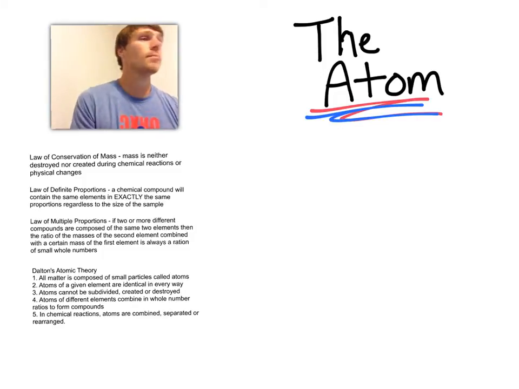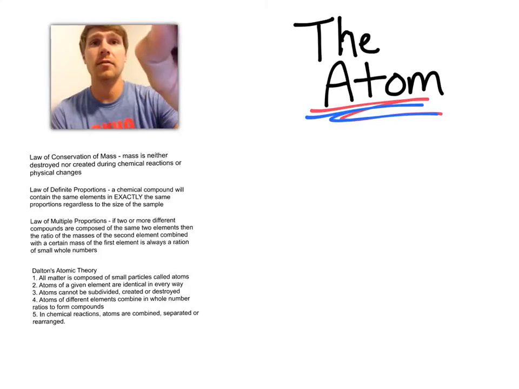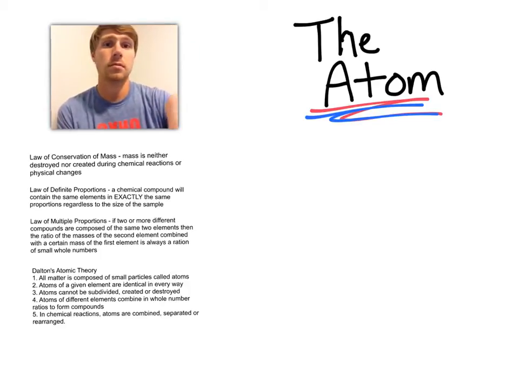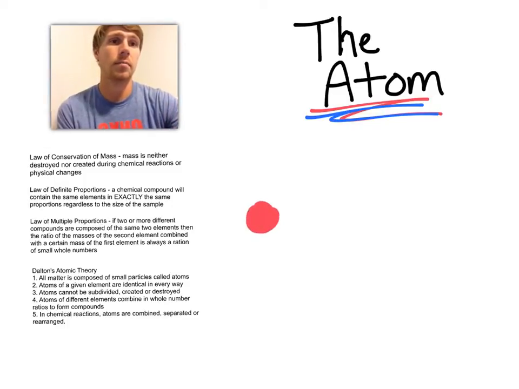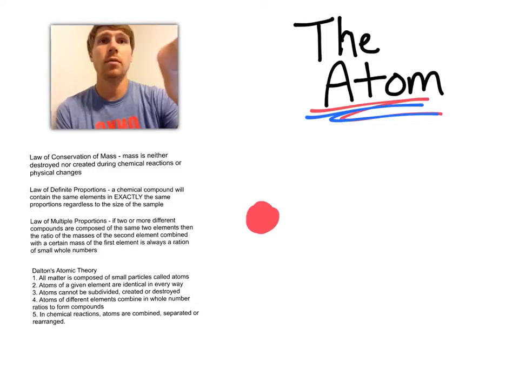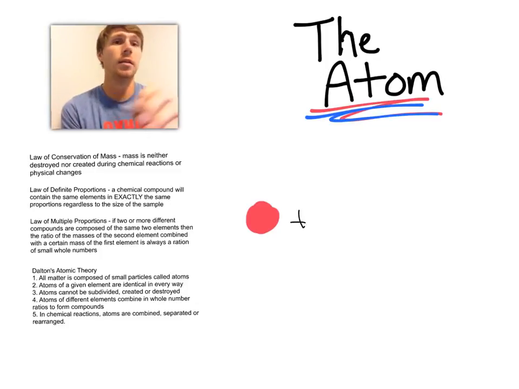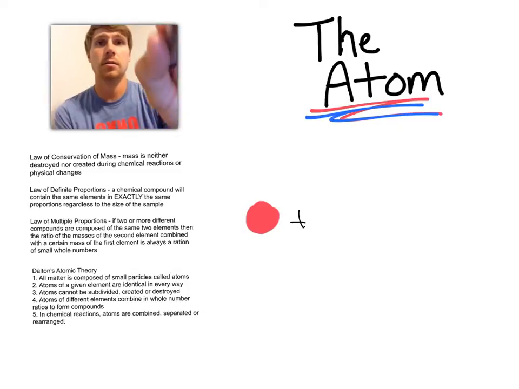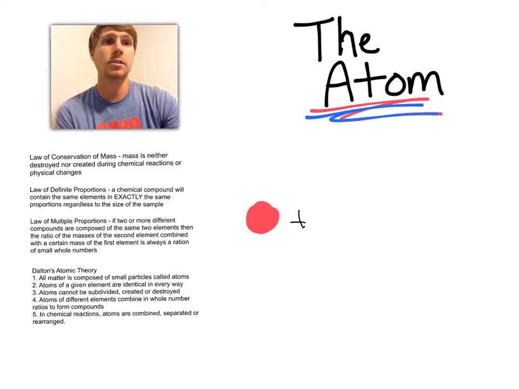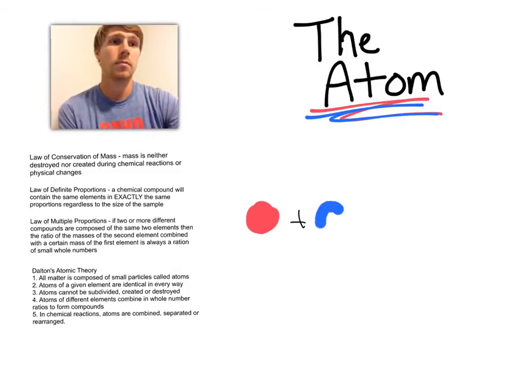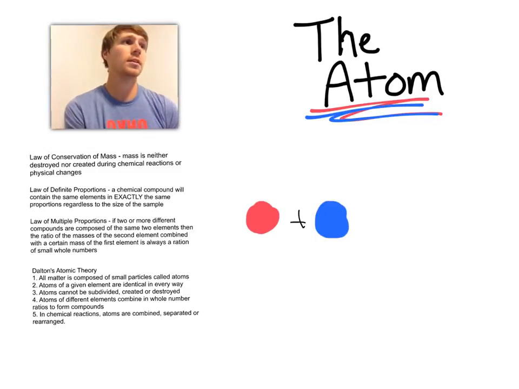Let's imagine that we have an element of carbon. Here is a carbon atom. And we're going to add to it an element of oxygen. Let's get a big old oxygen atom. All right, so we got those two things.